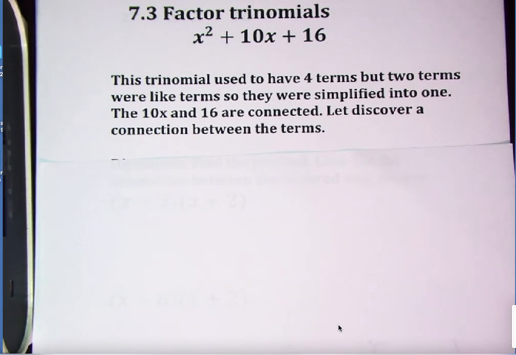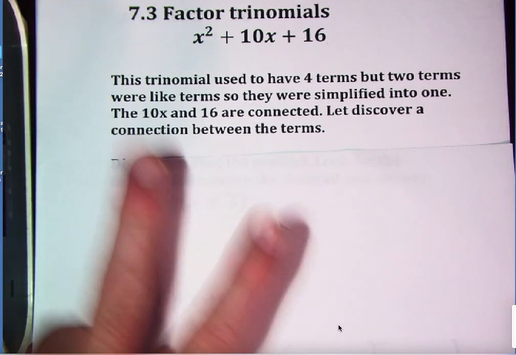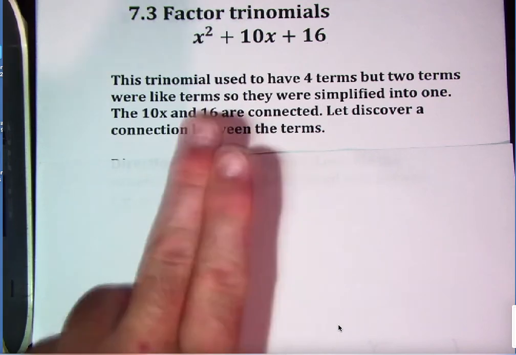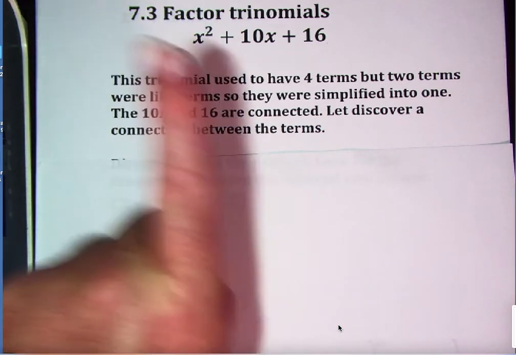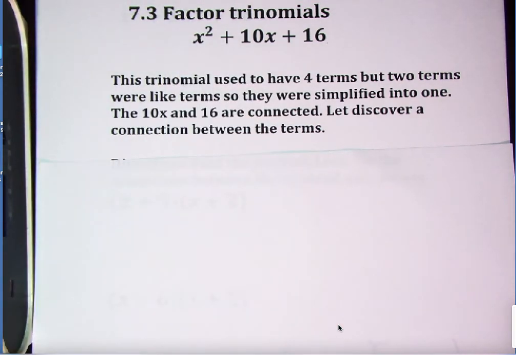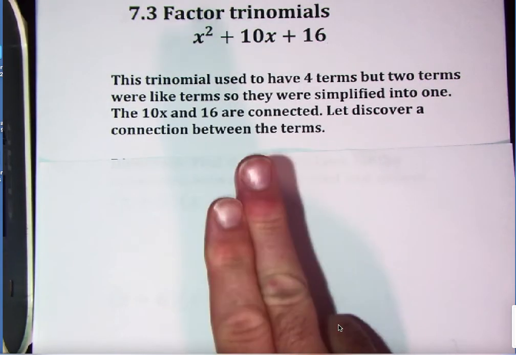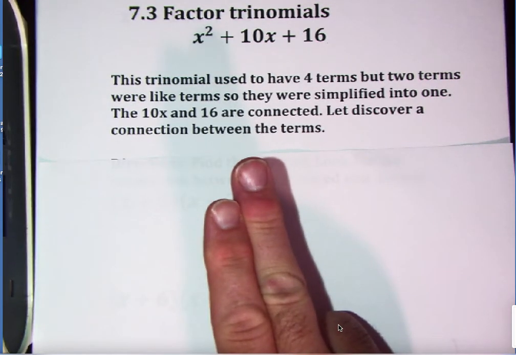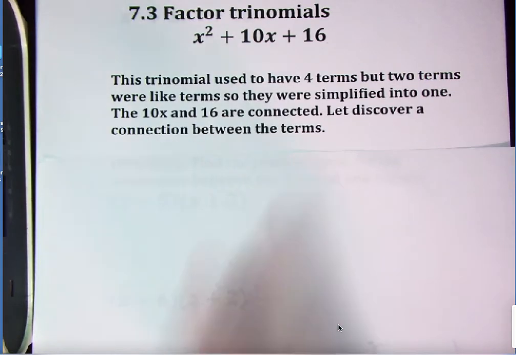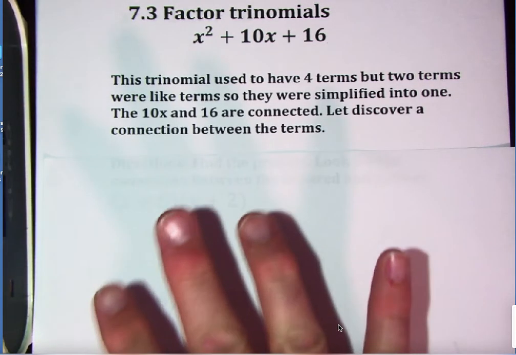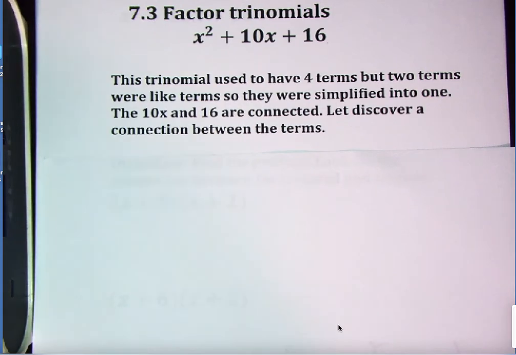But 2 of the terms were alike, so we simplified it into 1 term. If you can figure out which was added to make one of them, then we can use grouping, because if we know how to do it with 4 terms, we just don't know how to do it with 3 terms.